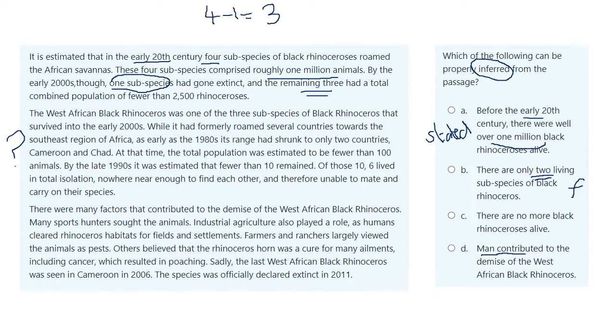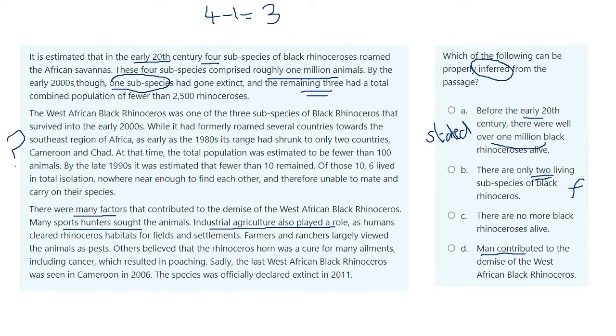There were many factors that contributed to the demise of the West African black rhinoceros. Some sports hunters sought the animals. Industrial agriculture also played a role, as the humans cleared rhinoceros habitat for fields and settlements. Farmers and ranchers largely viewed the animals as pests. Others believed that the rhinoceros horn was a cure for many ailments, including cancer.